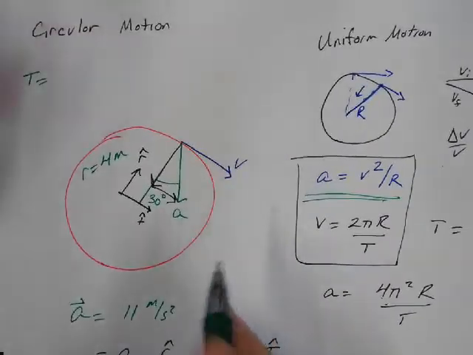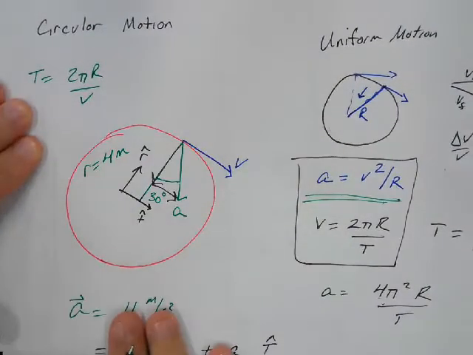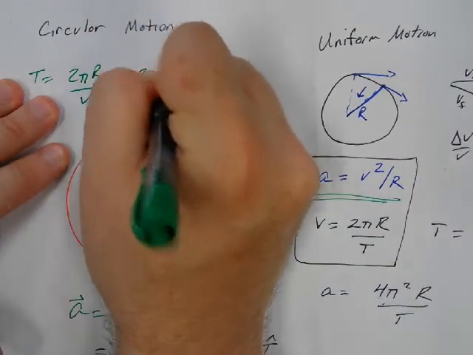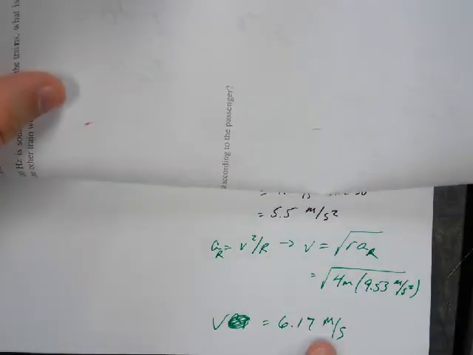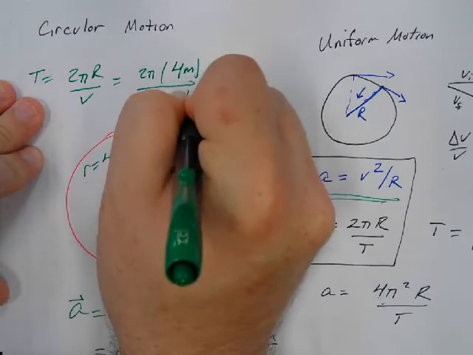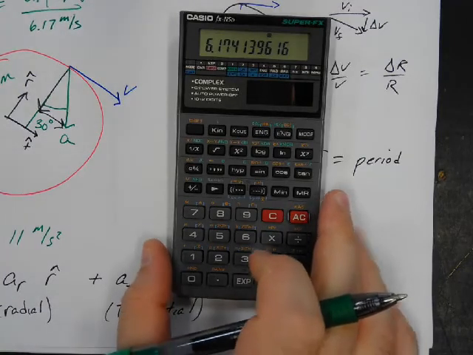And so the time should be 2 pi r over v. It's not too bad. And then we put in 2 pi times 4 meters. And then we put in our velocity that we found.